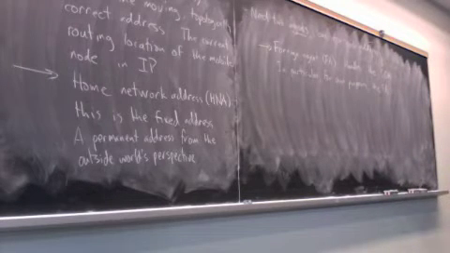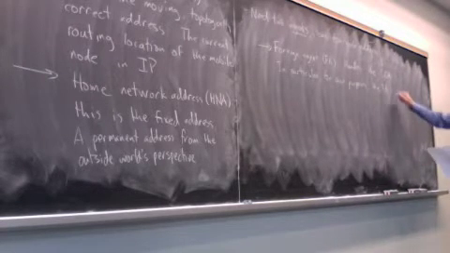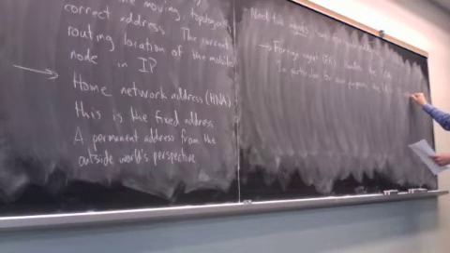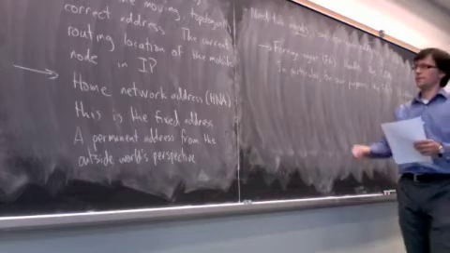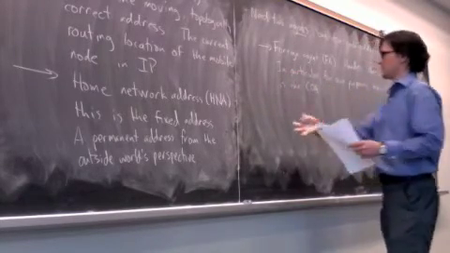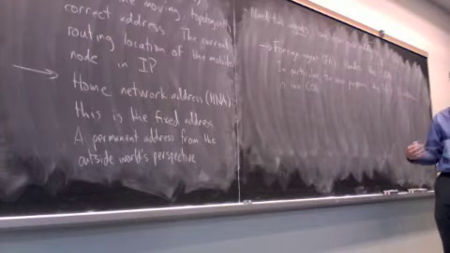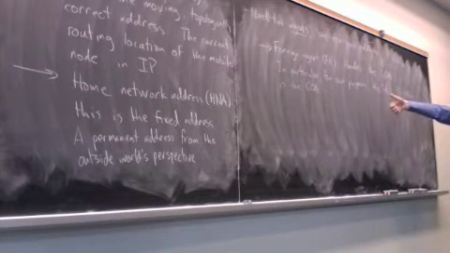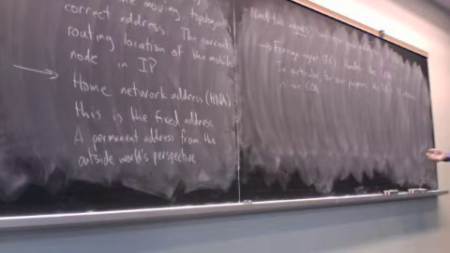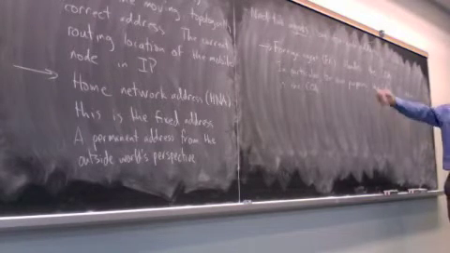It's a router sitting somewhere. For our purposes, the FA's IP address is the COA. So this packet arrives at the foreign agent. You can think of the foreign agent as a cell tower, and I'm in that cell, and so that packet arrives at the care of address, which is just the foreign agent.